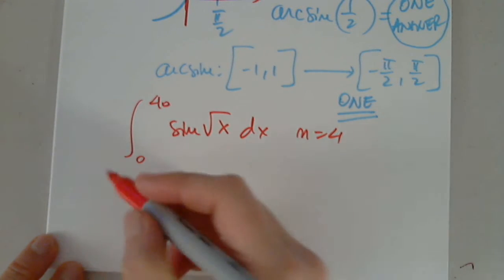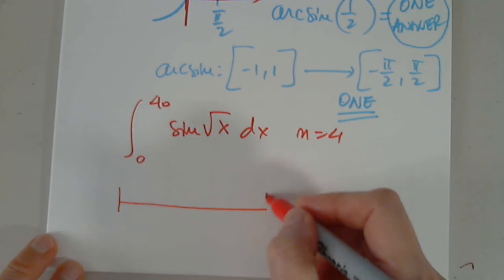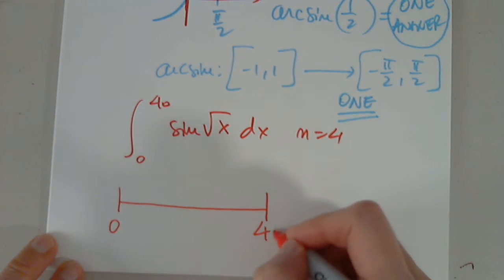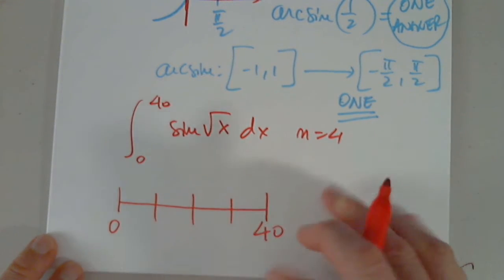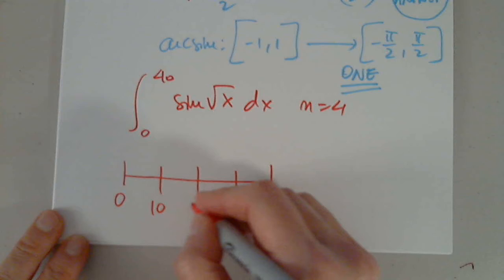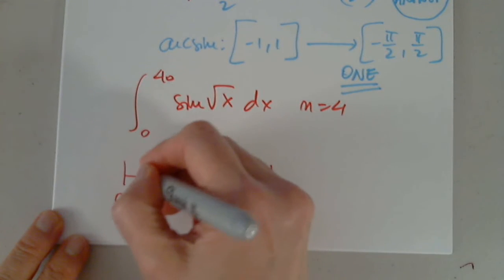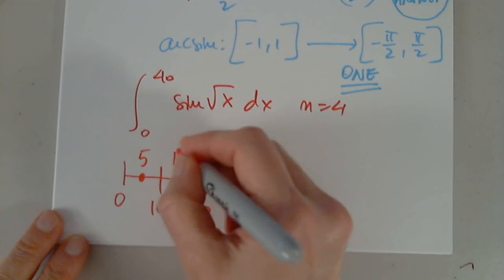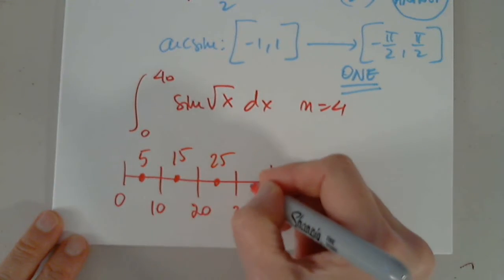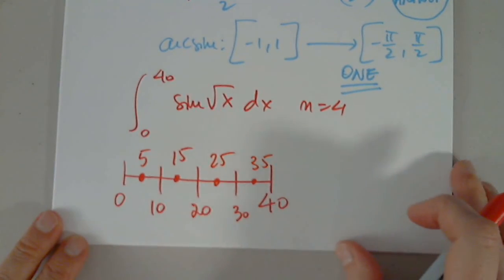Okay. So 0 to 40. 10, 20, 30. The midpoints are 5, 15, 25, 35.